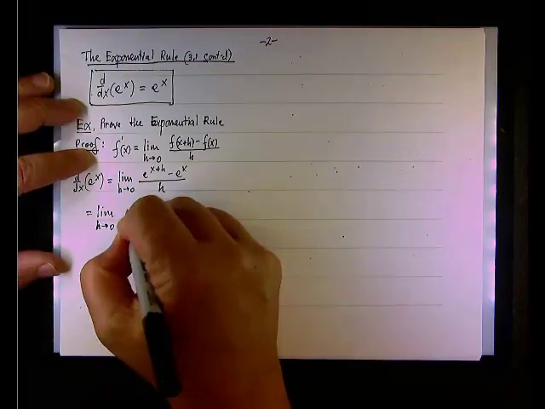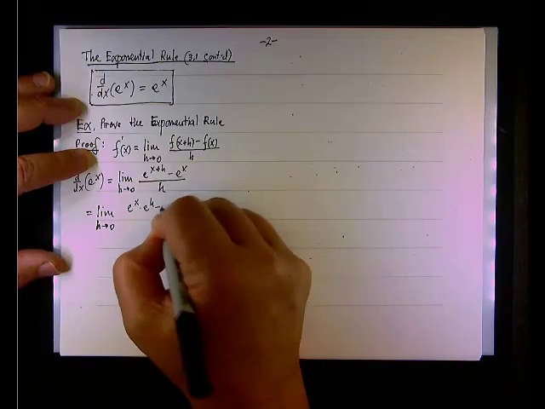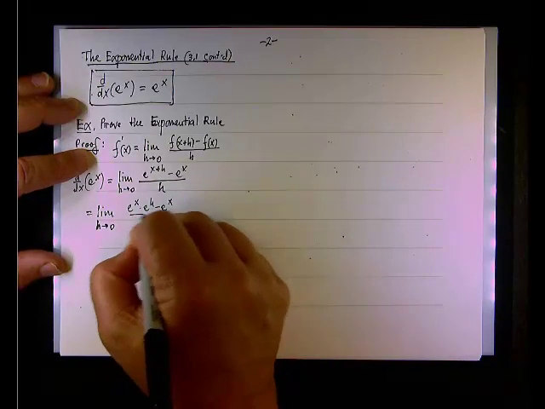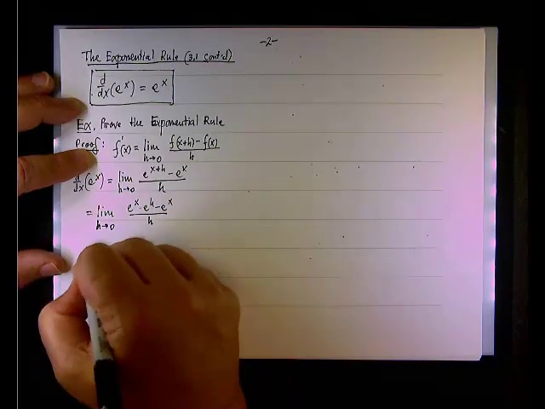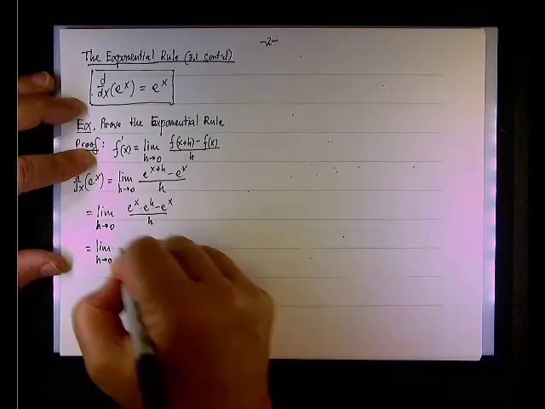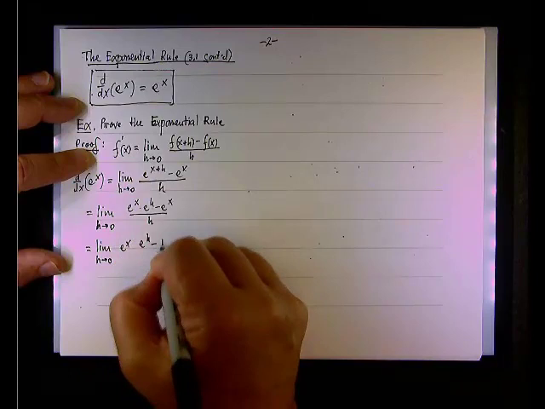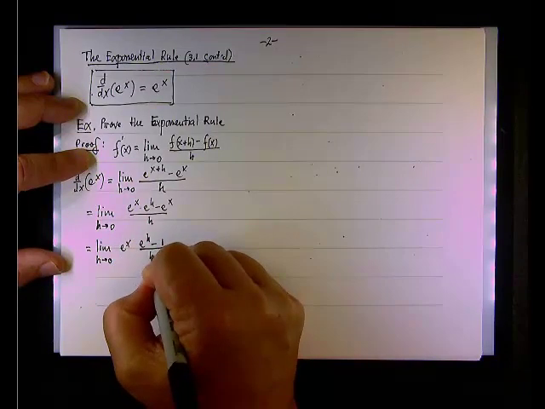So it will be the limit of e to the x times e to the h minus e to the x, divided by h. And then we can factor e to the x. So let's write it here, e to the x, and what we have left is e to the h minus 1 divided by h.